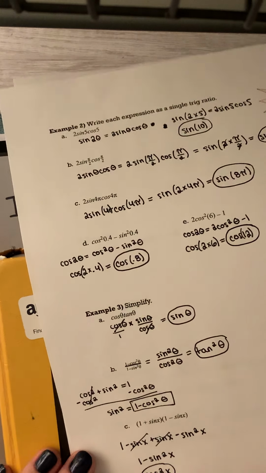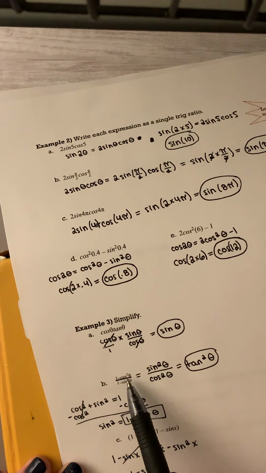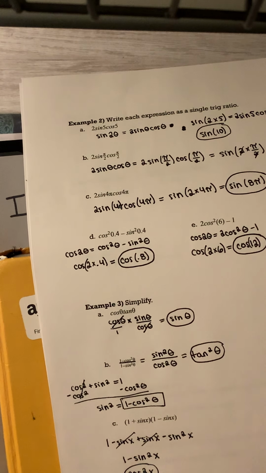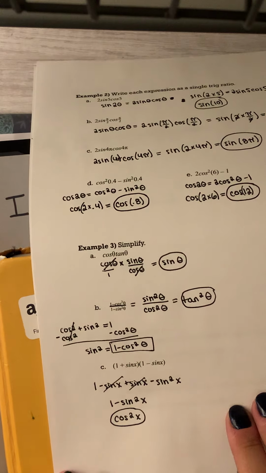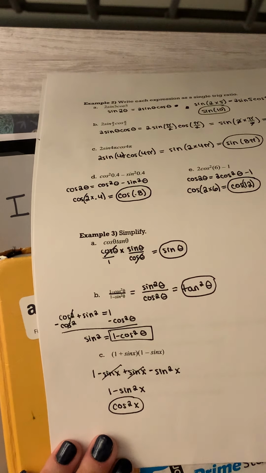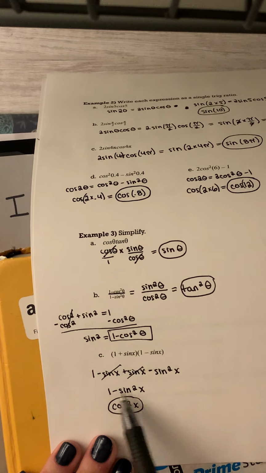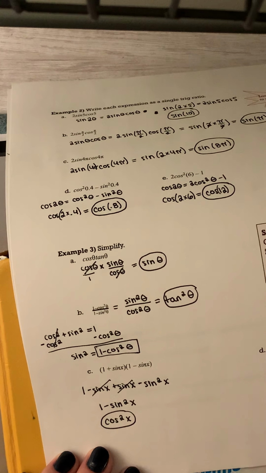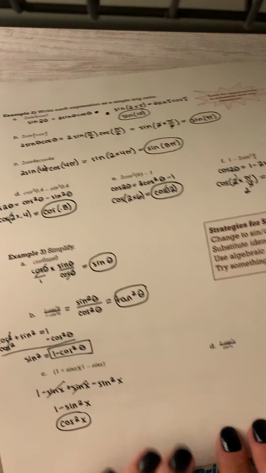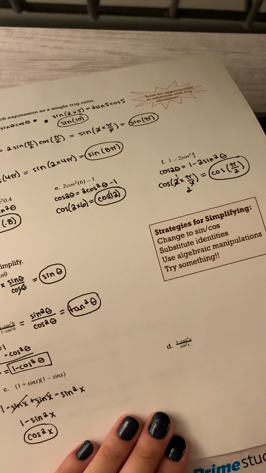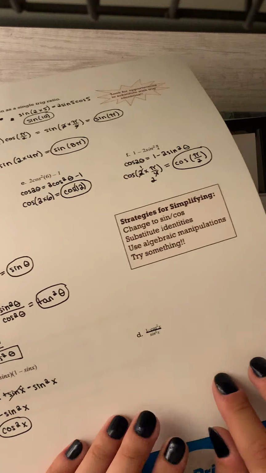I recognize that I have 1 minus cosine squared or sine squared a lot, and after you sub it in so many times, you'll just have it in your brain that whenever you see 1 minus sine squared x, it's going to be a cosine squared x. So it's really just doing practice problems, developing routine, and getting these kinds of problems in your head so that they're right there when you're taking your assessment.